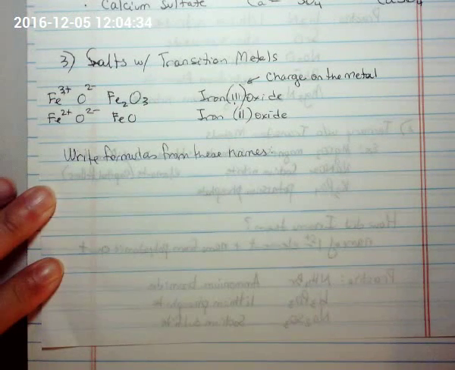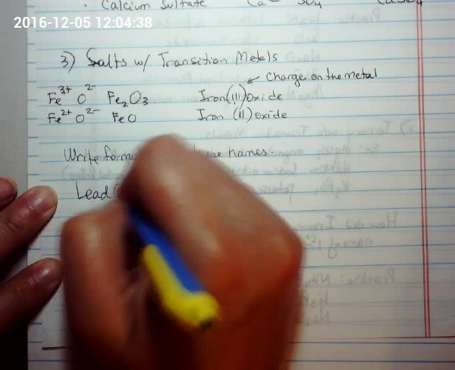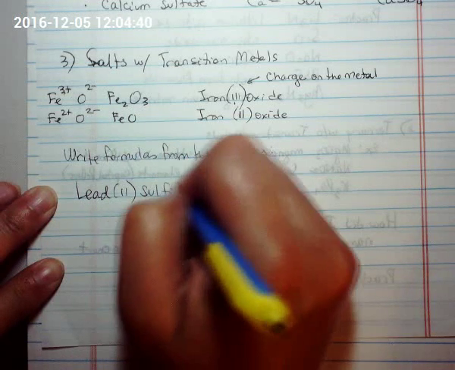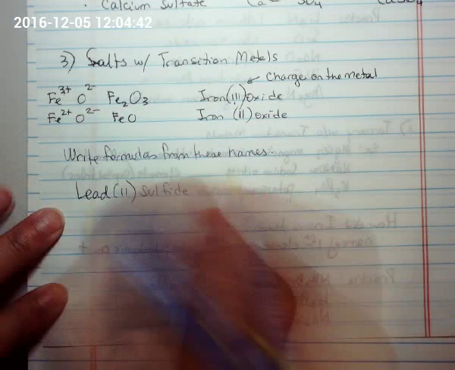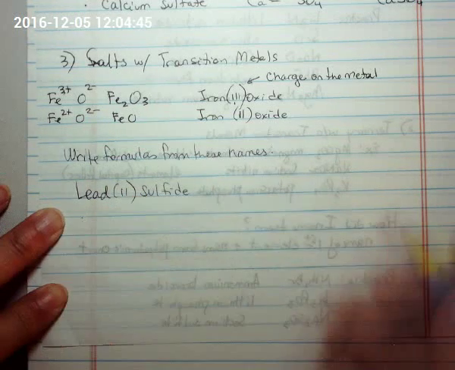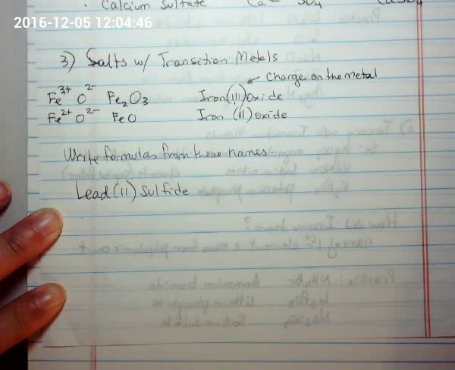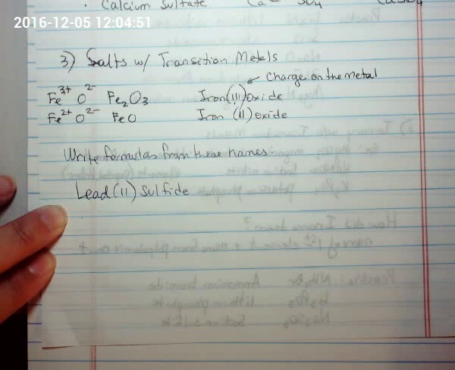All right, so here's a name. Lead 2 sulfide. That exists. How do I write the formula for lead 2 sulfide? Well, what did we do before when we had the name?